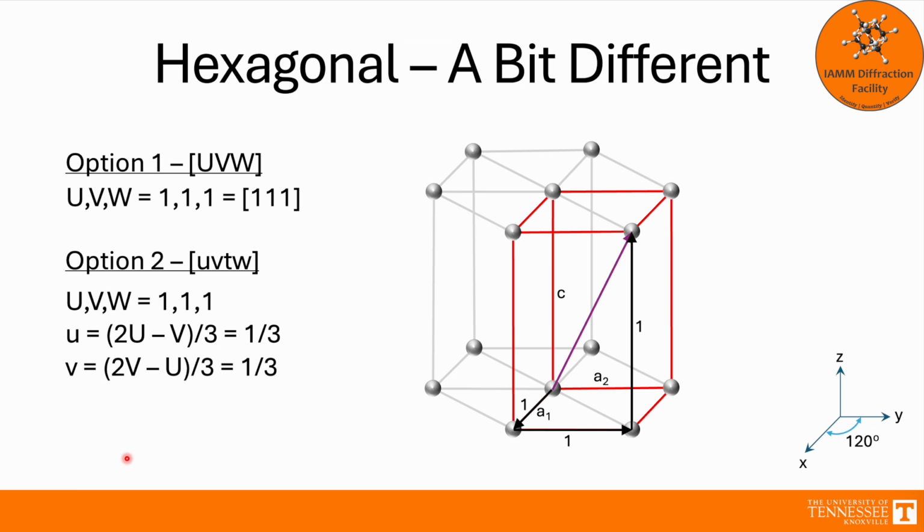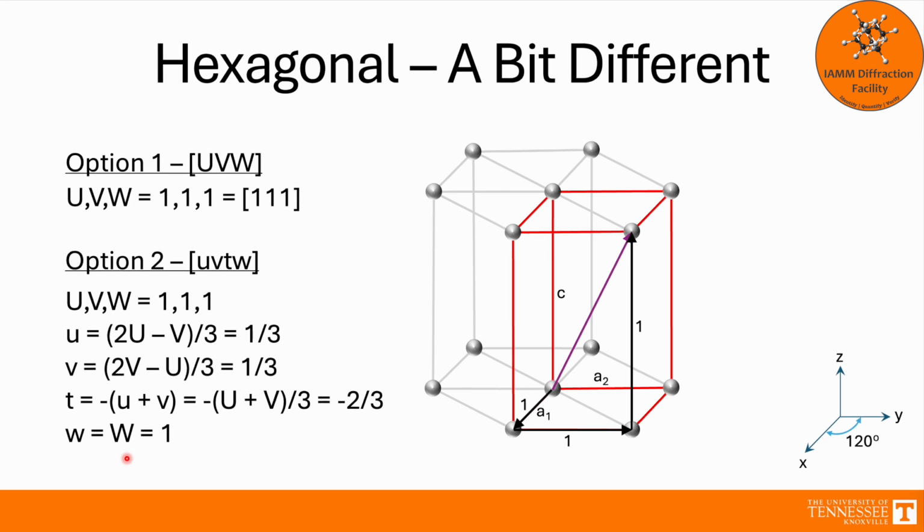Little v equals 2 big V minus big U divided by 3, which is 1/3. Little t equals the negative sum of little u and little v. It also equals the negative sum of big U plus big V all divided by 3. Either way, that's negative 2/3. And then little w equals big W, which equals 1.